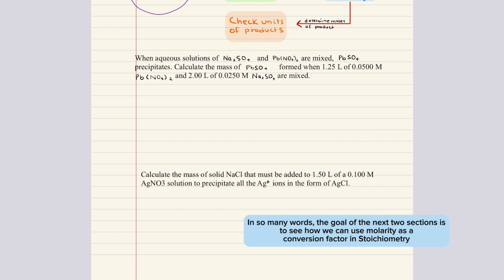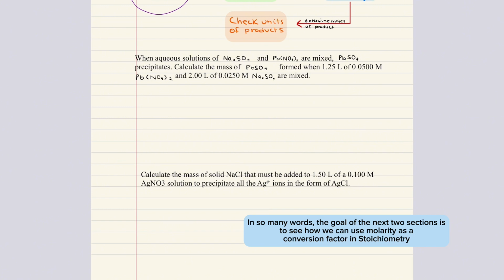First thing, we're going to identify the species present in the combined solution and determine what reaction is actually happening. When the aqueous solutions of sodium sulfate and lead nitrate are mixed, the resulting solution is going to contain the ions sodium, sulfate, lead, and nitrate.